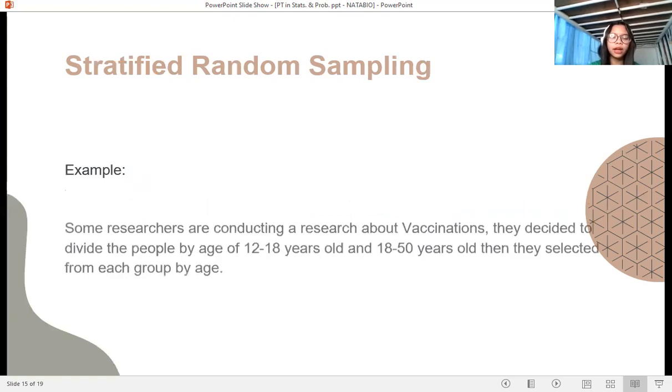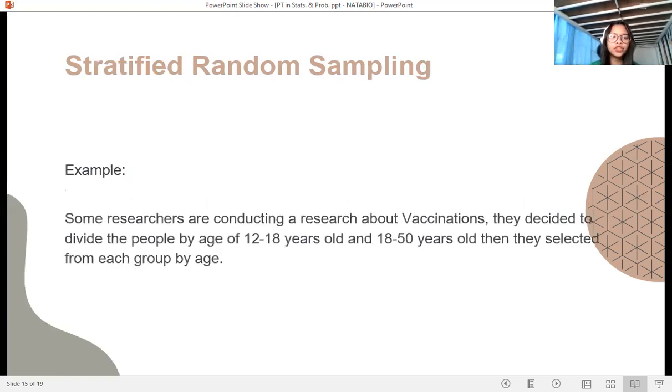Here is another sample scenario for stratified random sampling. Some researchers are conducting research about vaccinations. They decided to divide the people by age: 12 to 18 years old and 18 to 50 years old. Then they selected from each group by age.